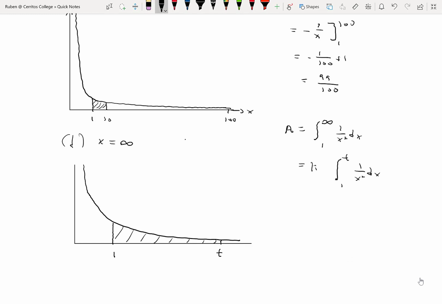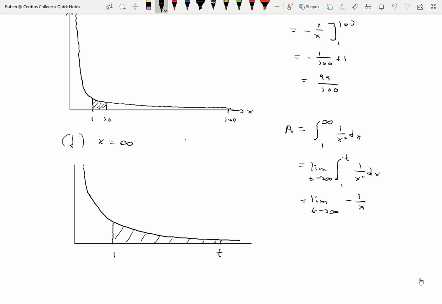And then in the end, we're going to take the limit as t approaches infinity of that value, and we're going to define that as the area to the right of x equals 1, or in practical terms, the area bounded between the x-axis and 1 over x squared between x equals 1 and infinity, not 100, sorry. Okay, so let's evaluate this limit. So this is going to equal the limit as t approaches infinity. Let's evaluate the integral within this limit.